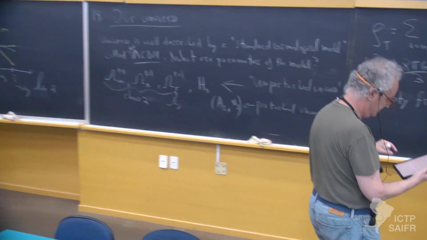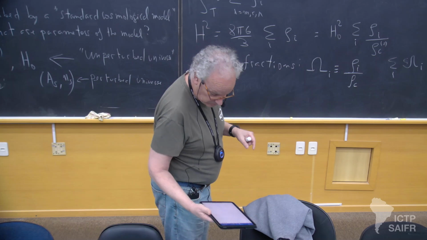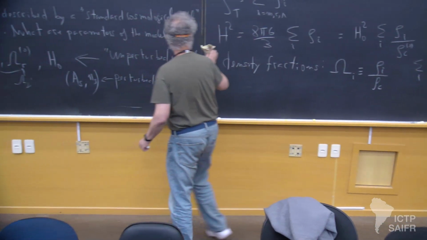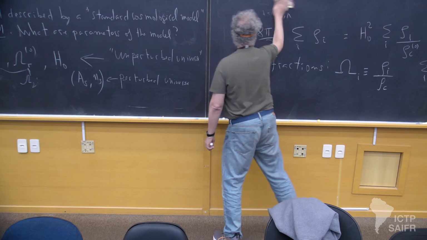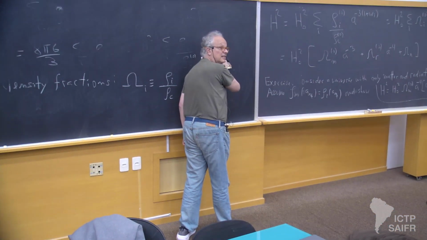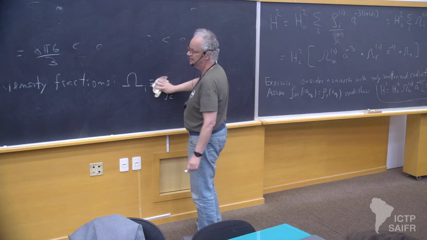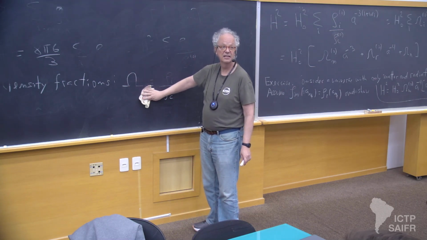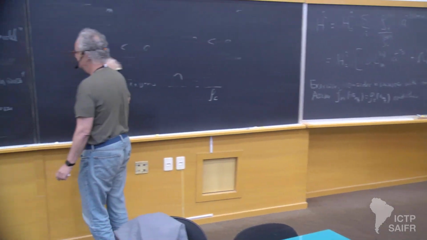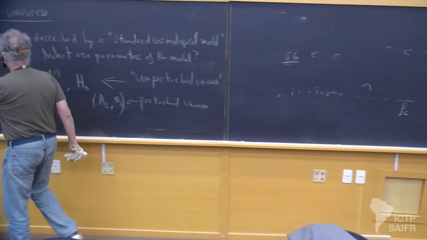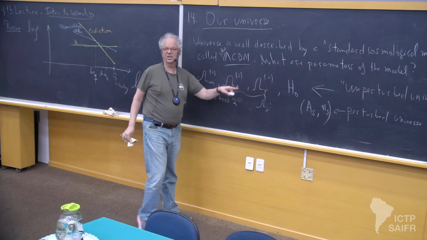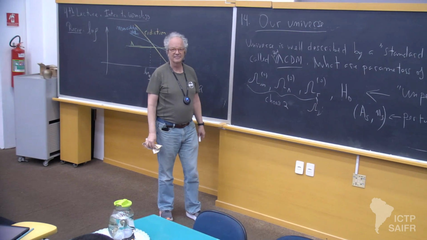So any questions? Yes. So that's a good question. I put an index 0 here. And when I put an index 0, it is to make sure that it's today. Okay?